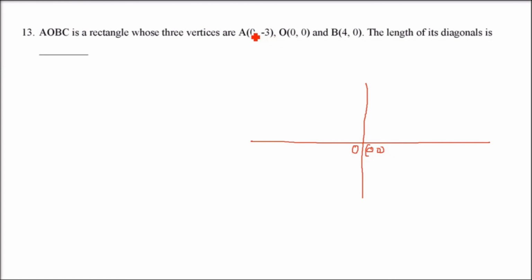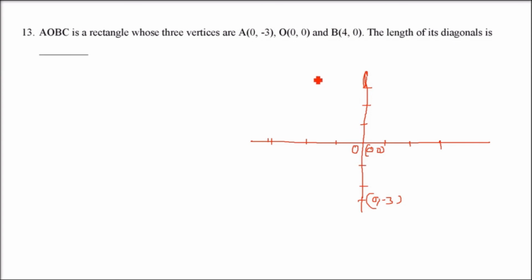This is the origin, O. A is (0, -3), so x is 0 and y is -3, on the negative y-axis. Let me divide this into 3 parts. This comes in the fourth quadrant. O is already located, (0, -3) is this point, and this point is A.